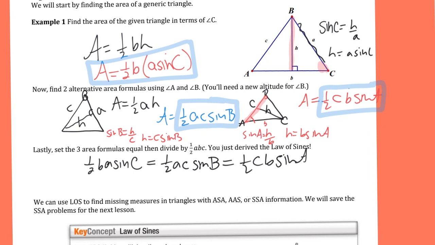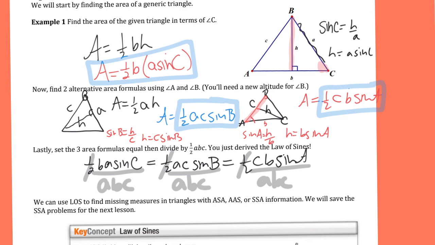If you divide each of these parts of the equation by 1/2 ABC, cross out a half from everybody. And then we're going to divide it by ABC. So I'll have to show this. It's ABC, ABC, ABC, and some will cancel out and some will stay the same.